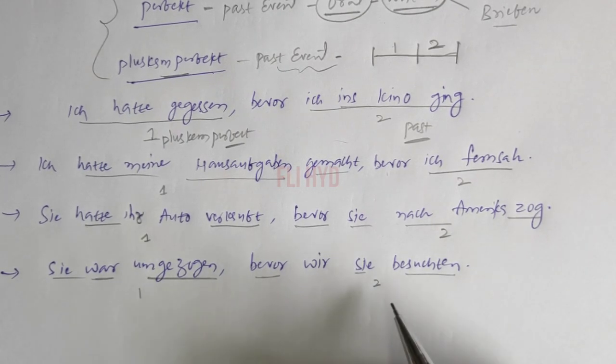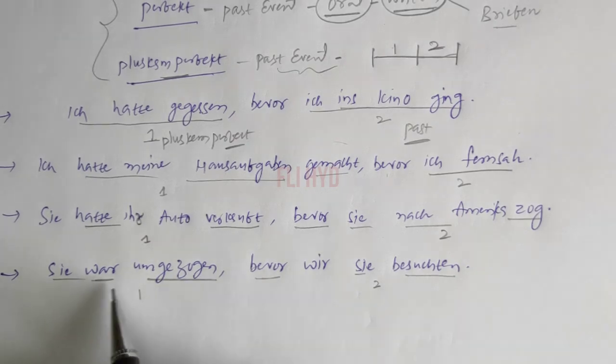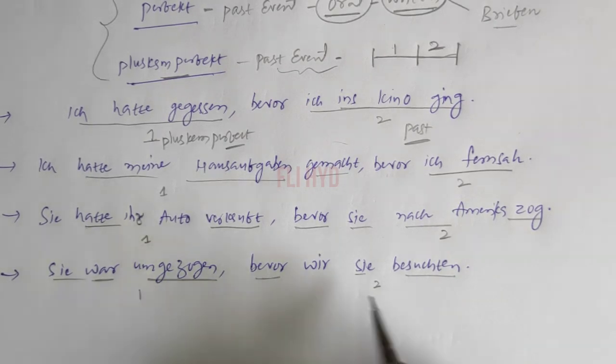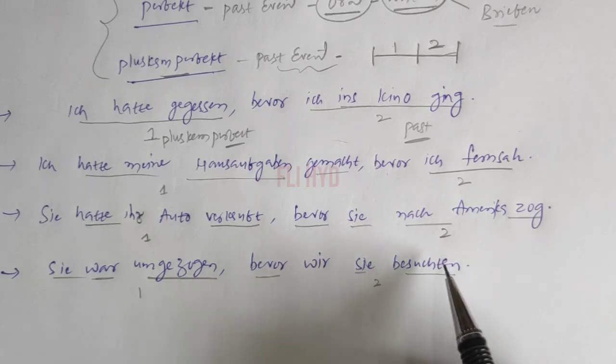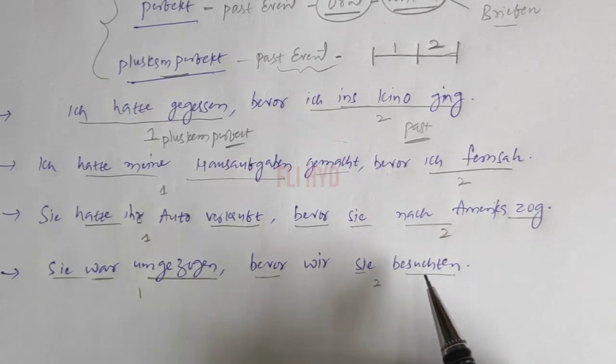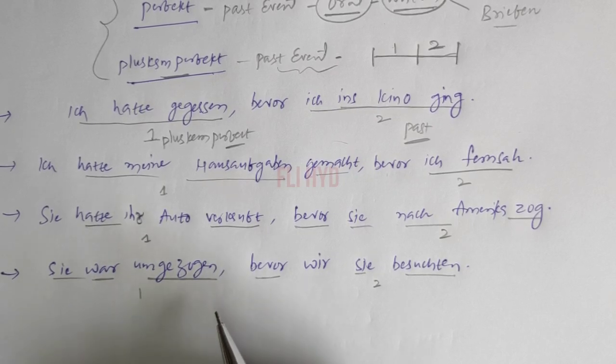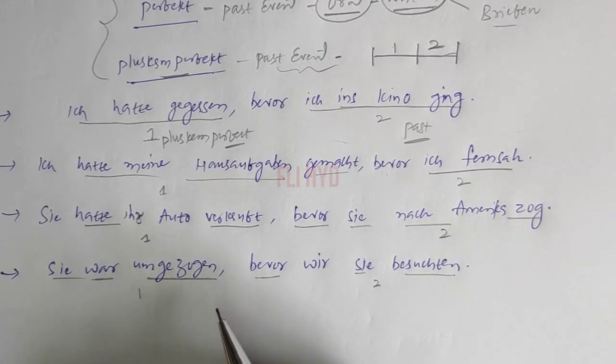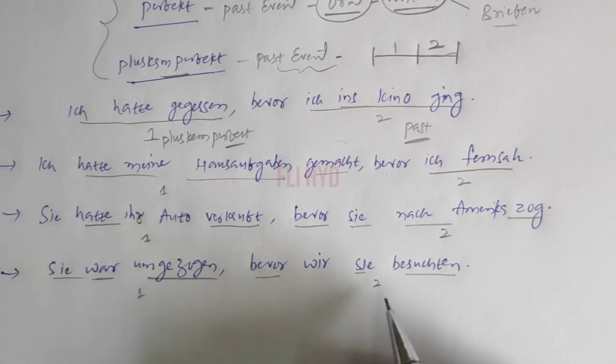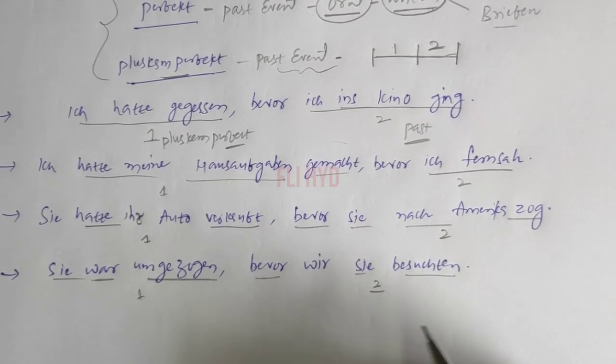What happened first? She moved. So sie war umgezogen, before wir sie besuchten. So before we visited her, she had moved. Clear? So when two actions are happening in the past, the action that happened first we write in the Plusquamperfekt, and the second action we write in the past tense.